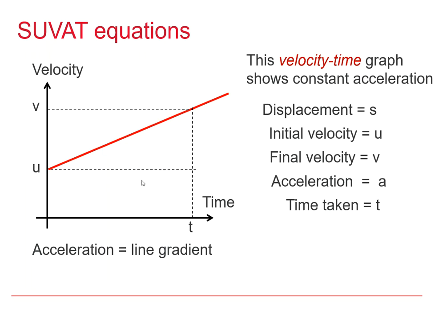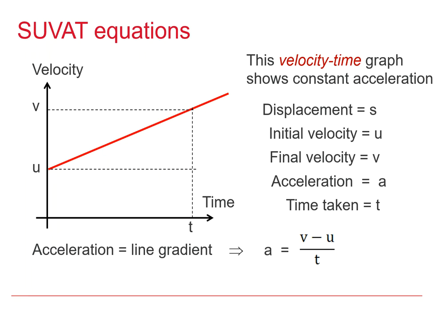And so the same principle can be applied for the whole of this. So if I was to add this rectangle to this triangle, then that would give me the displacement that takes place as we go from time 0 to time t.